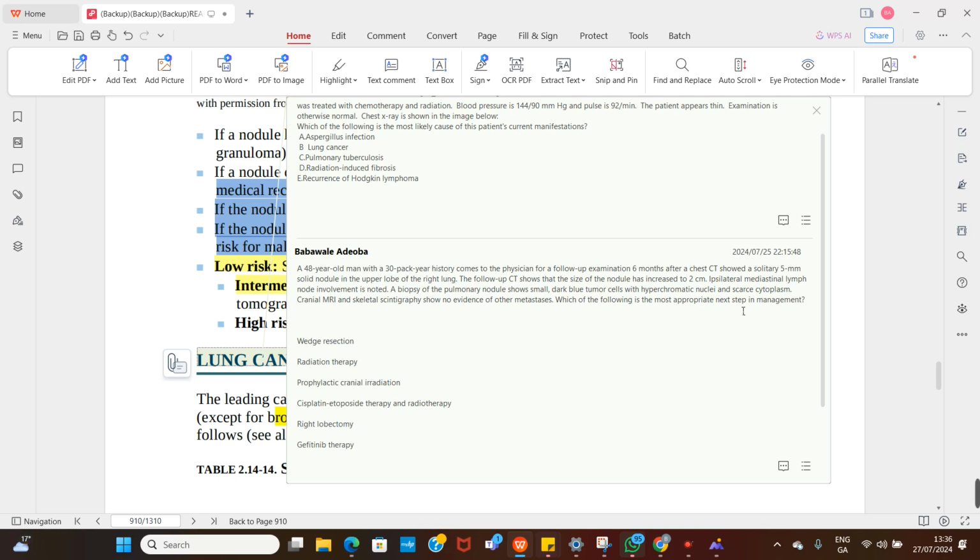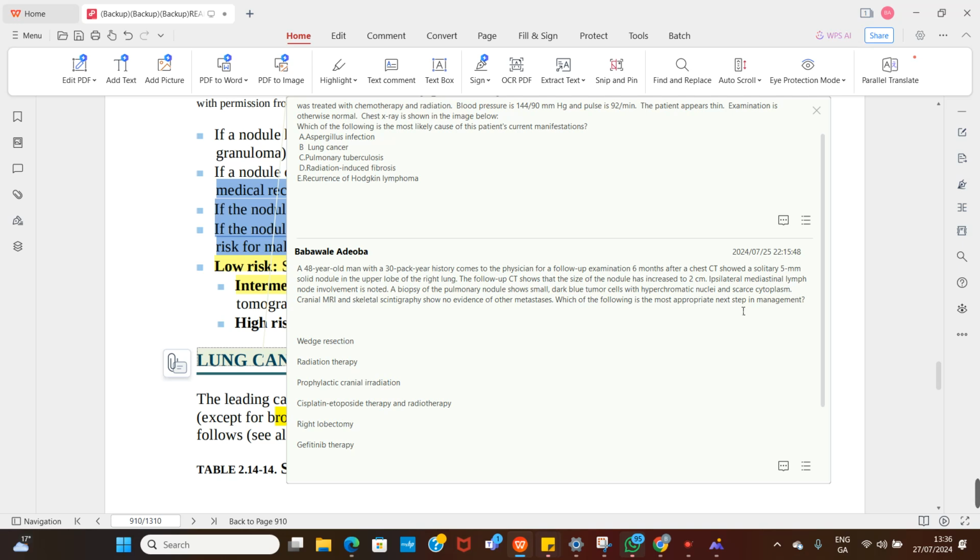Radiation? Wait, wait. We know that the approach is to what? The first thing you want to do is to have your diagnosis, right? So what is your diagnosis? Small cell carcinoma.